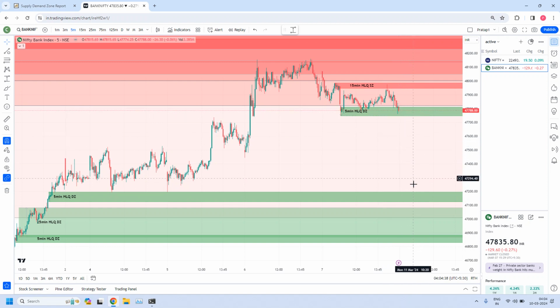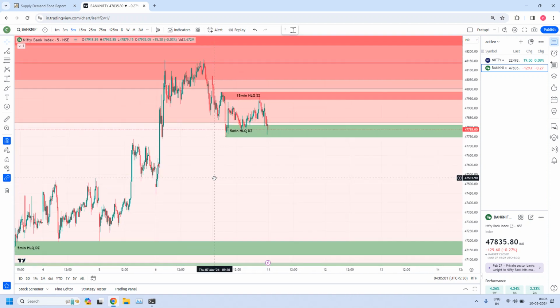Bank Nifty will come down up to this level because there is a lot of liquidity in this. See here, it is not letting the prices go below this. At the proximal of the 5 minutes high liquidity zone itself, the order flow is very strong, not even going a little deep inside.